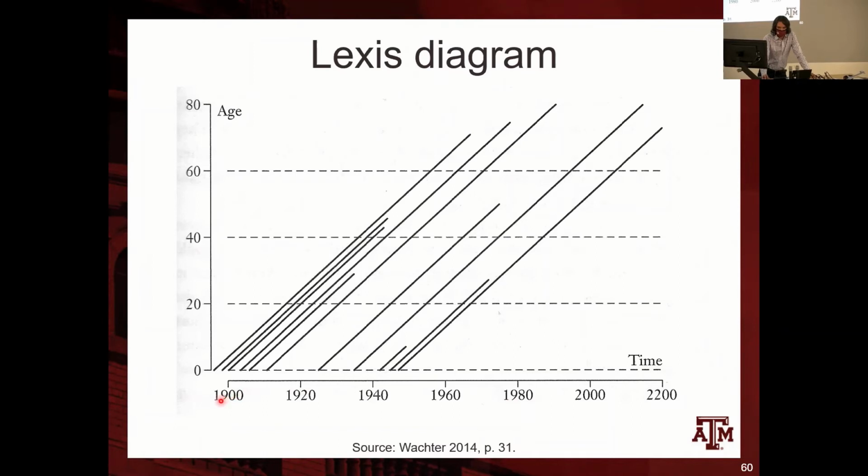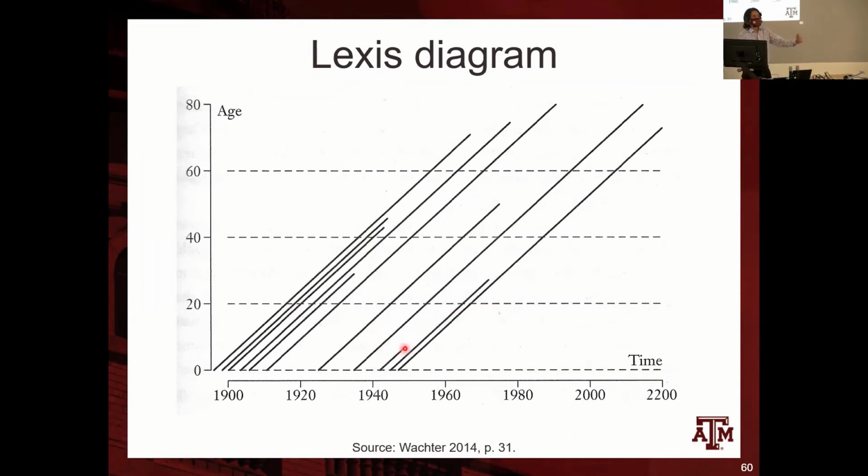So from 1900 to 2200, how many people reached age 20? I just draw a horizontal line here at age 20 and count how many lifelines cross there. So we have 1, 2, 3, 4, 5, 6, 7, 8, 9, 10. This person here did not reach age 20.